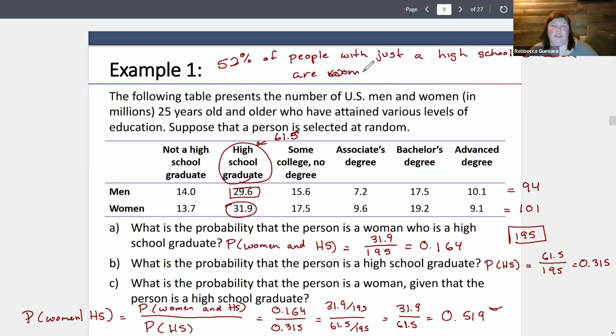But this is an important distinction because it's not just high school graduates, it's people who just graduated high school and that's all they did. 52% of the people who just graduated high school are going to be women.